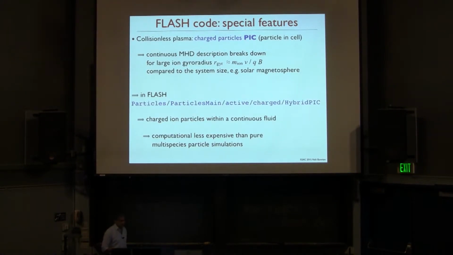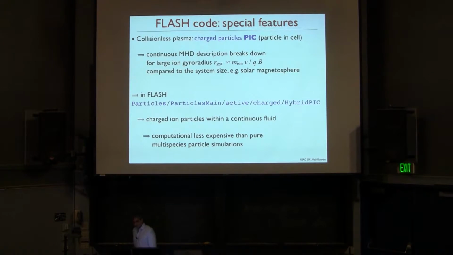This is, for instance, true for situations where your gyro radius becomes much larger than the length scale you are considering. And this is, for instance, true if you do research in the solar magnetosphere. So all these people studying the solar magnetosphere are using codes like this with particles rather than a continuous fluid.